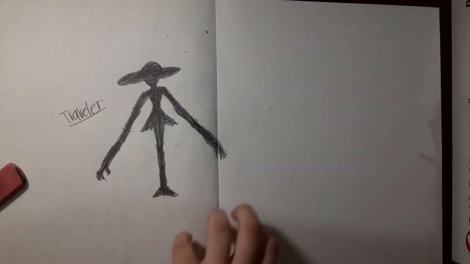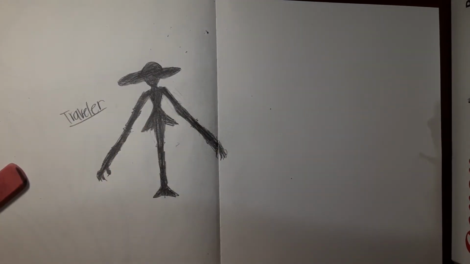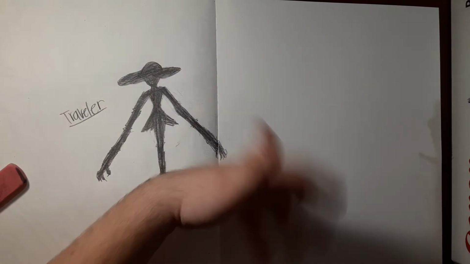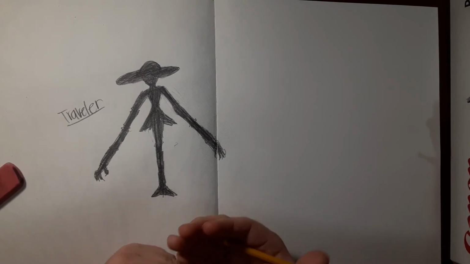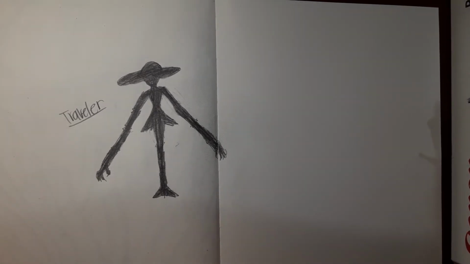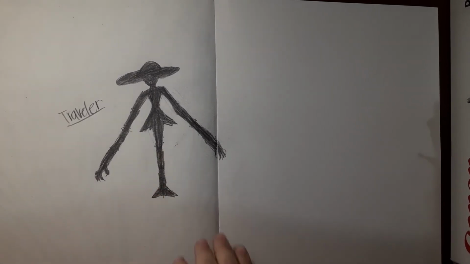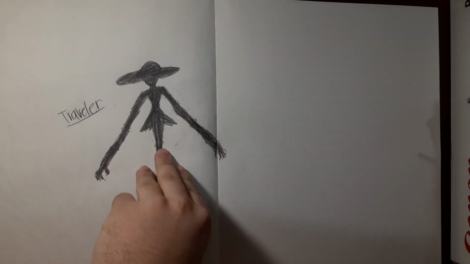Okay, so basically this is his silhouette. And actually, now that I'm looking at it, I'm pretty sure that I can't think of another character that you can get the Traveler confused with.